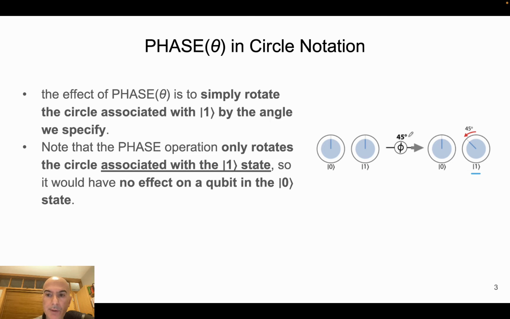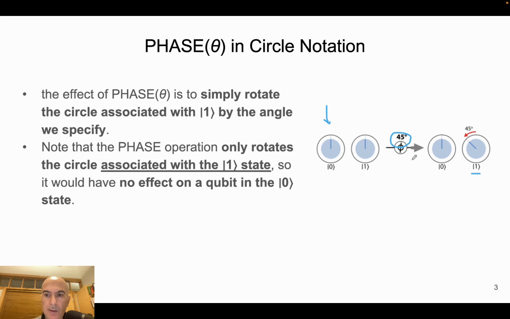In this case, for instance, we apply it to a superposition state, probably coming from a Hadamard gate, as we know at this point. We apply to this qubit a phase quantum gate of 45 degrees.